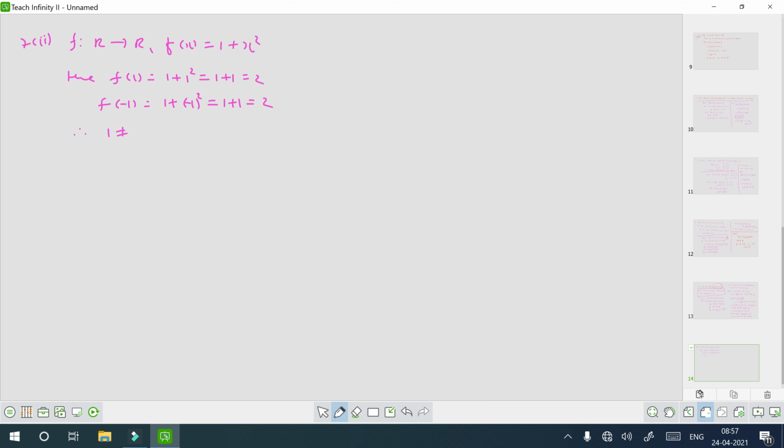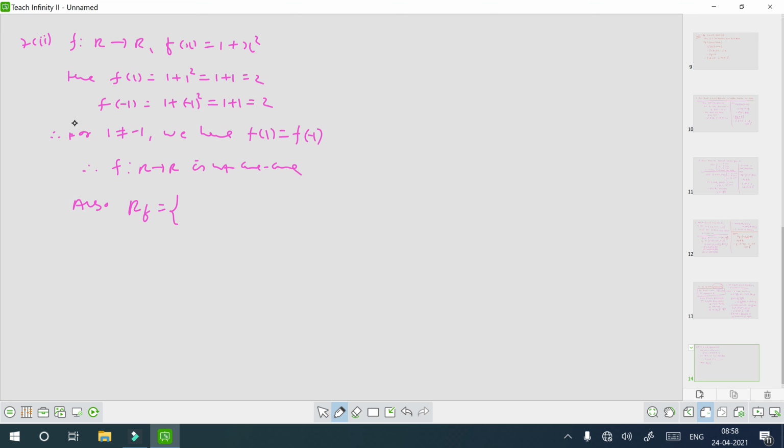And therefore 1 not equal to minus 1. Therefore, for 1 not equal to minus 1, we have f of 1 is equal to f of minus 1, and therefore f from R to R is not 1-1.